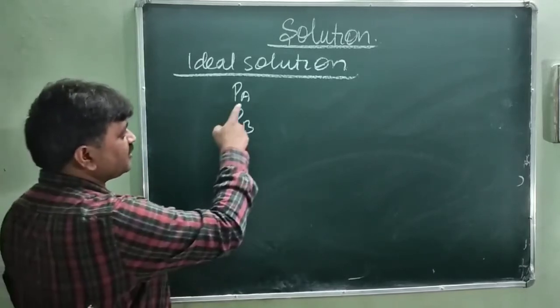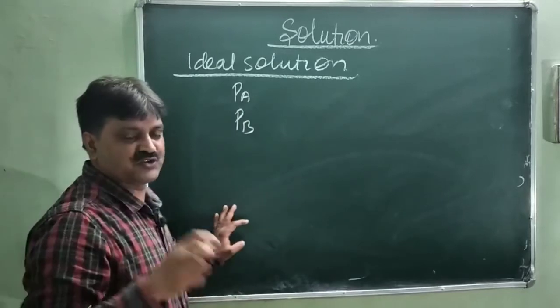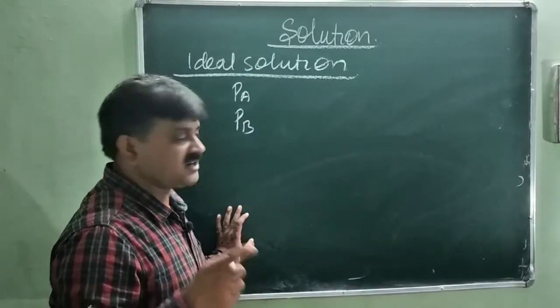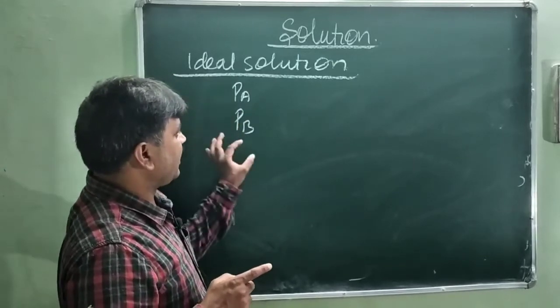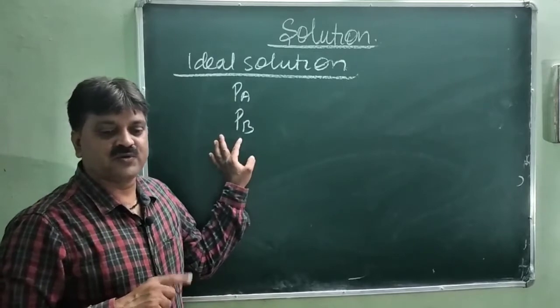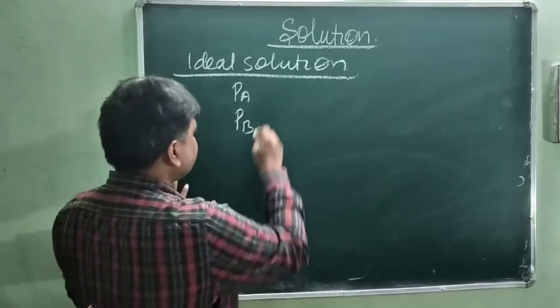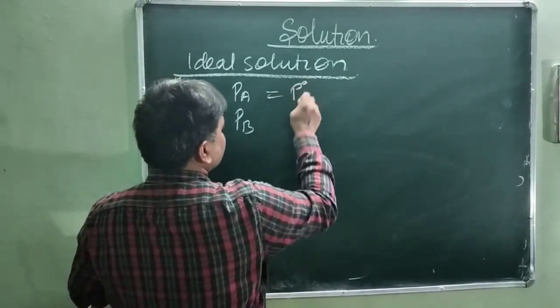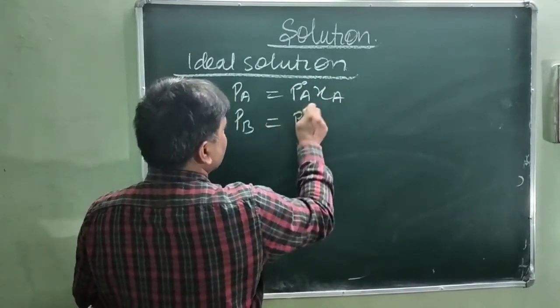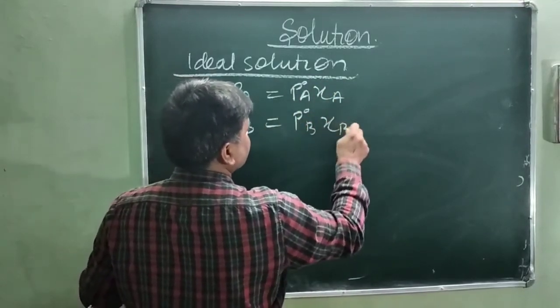So when the two substances A and B mix to form a homogeneous solution, A exerts the partial pressure PA and B exerts the partial pressure PB. What is the relation between them? PA is equal to P naught A XA and PB is equal to P naught B XB.